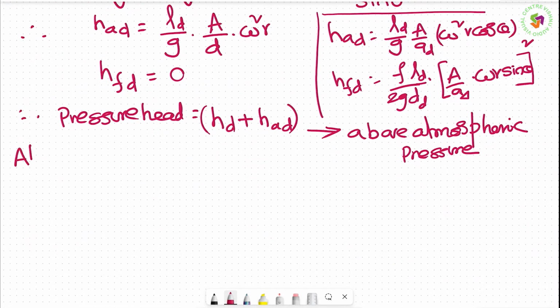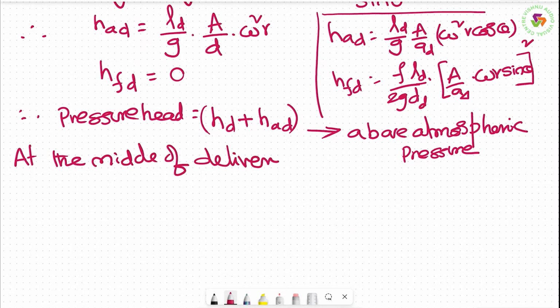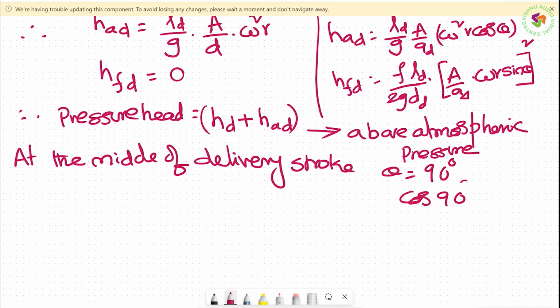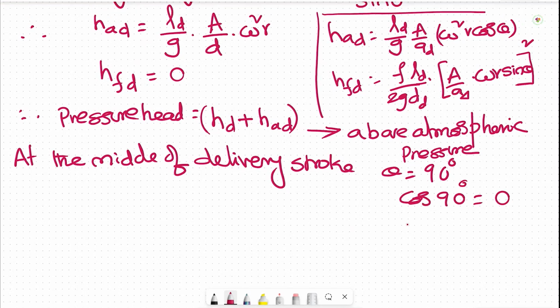Whereas at the middle of the delivery stroke, theta is equal to 90. Therefore, cos 90 is equal to 0, whereas sin 90 is equal to 1.